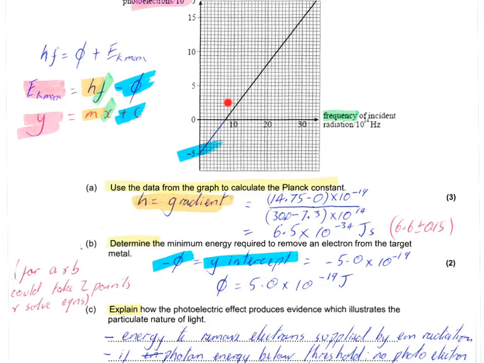So I extended the graph here, extrapolated that graph back to a read-off, and that gave me a y-intercept of minus 5.0 times 10 to the minus 19 joules. So if minus phi is minus 5.0 times 10 to the minus 19 joules, then phi is 5.0 times 10 to the minus 19 joules. So that was all working from that graph and using these ideas about y equals mx plus c.